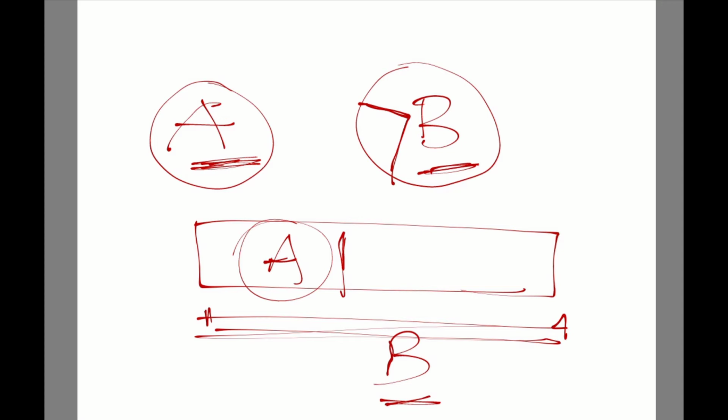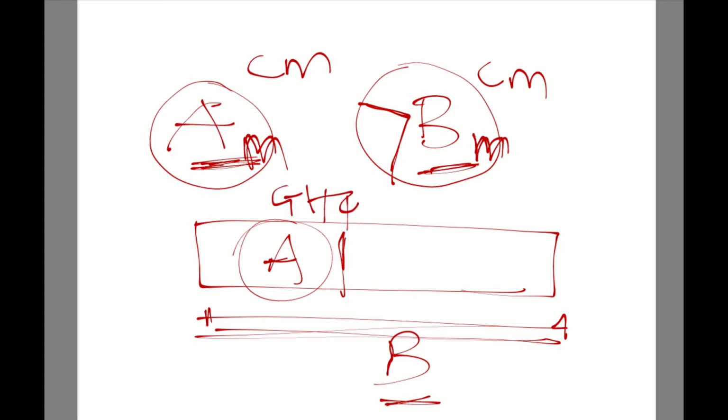So if A is in meters, B should also be in meters. If A is in centimeters, B should also be in centimeters. If A is in Ghana cedis, B should also be in Ghana cedis.